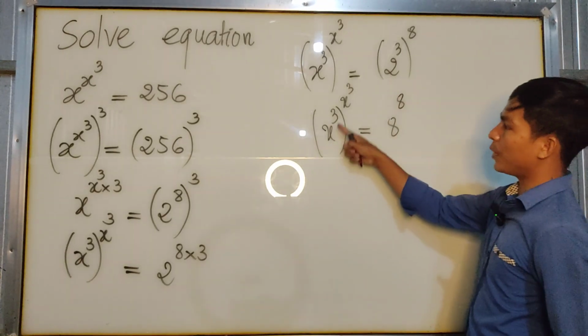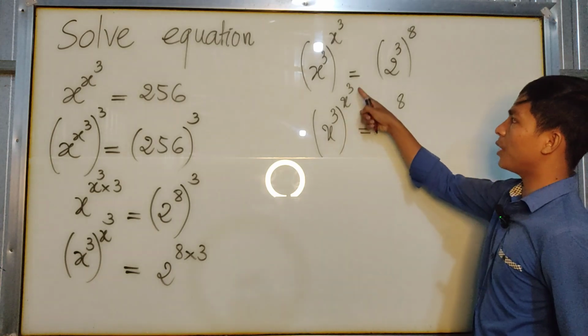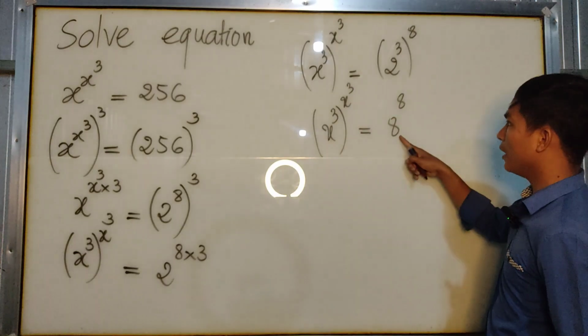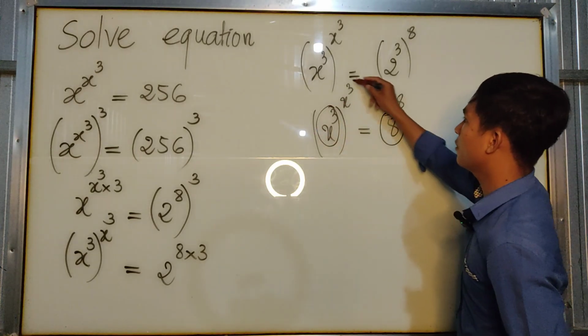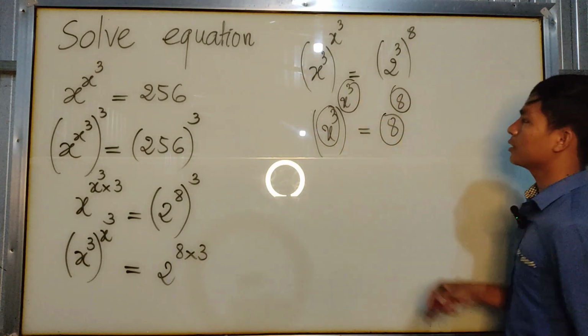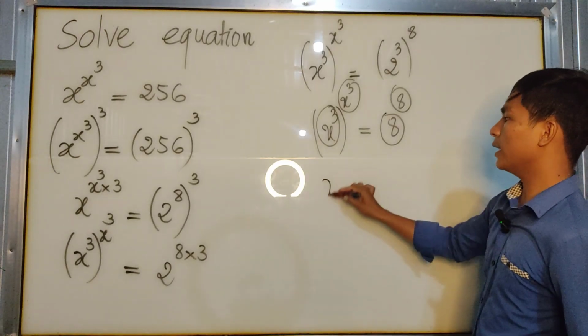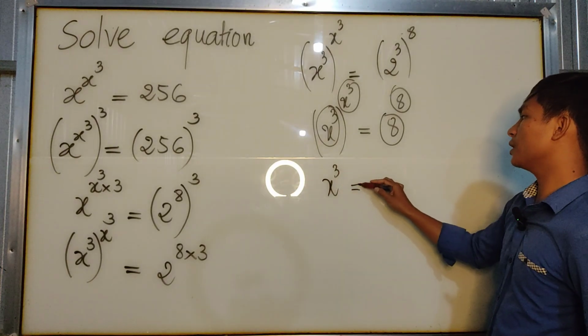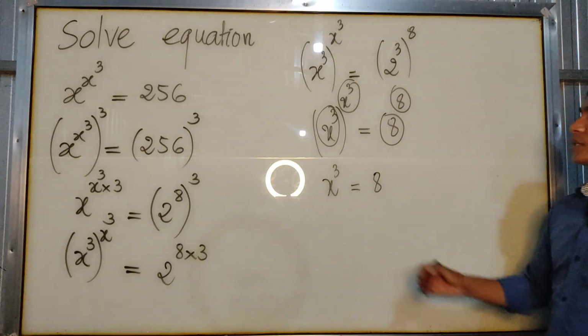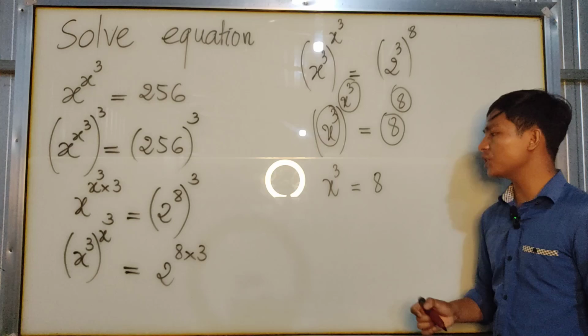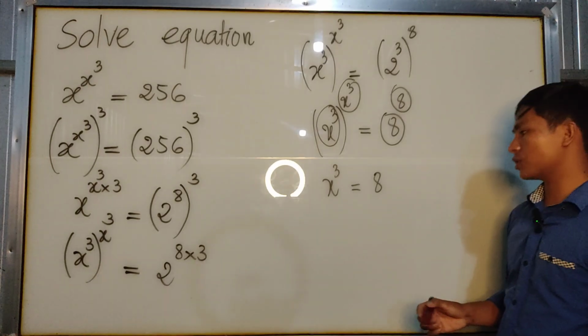You see this x^3 and this x^3, and this 8 and this 8. So we get x^3 is equal to 8. Okay, so we get x^3 is equal to 8. And now I raise both sides of this equation to the power 1 over 3.